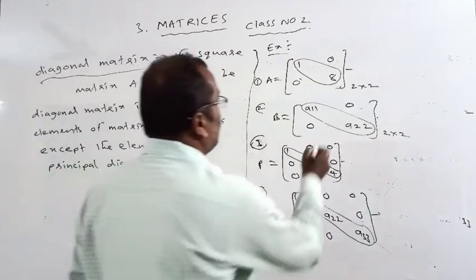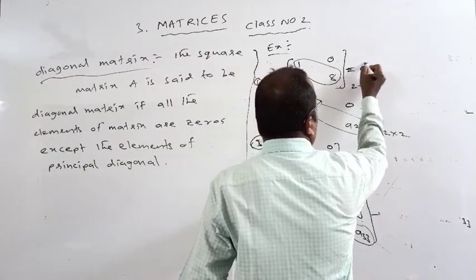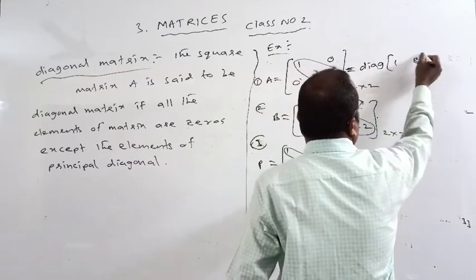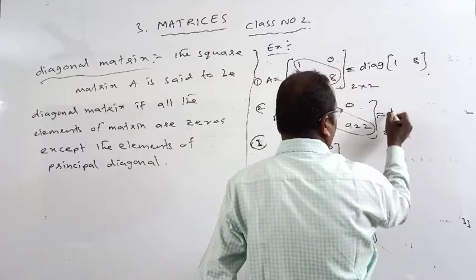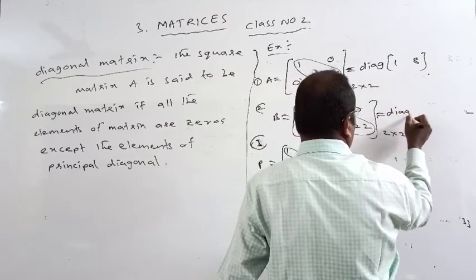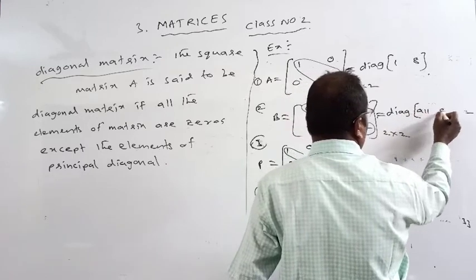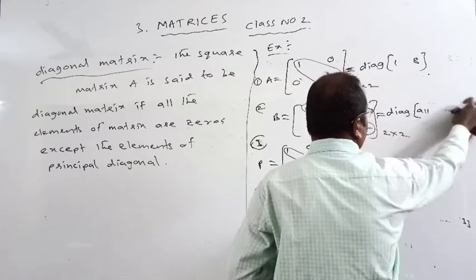It can also be written as diagonal of 1, 8, or diagonal of A11, A22.